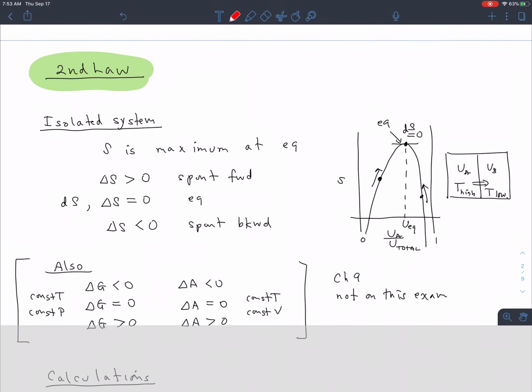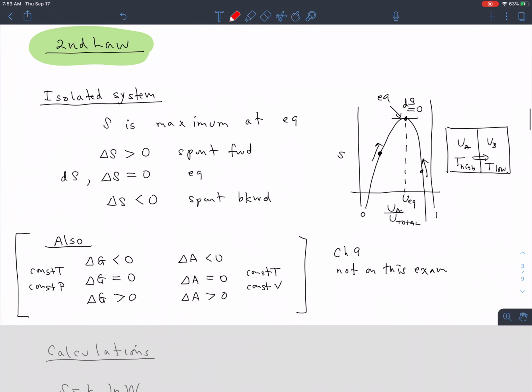Now for the second law. Remember that the second law, as we've currently formulated it, applies to an isolated system. It isn't formally on this exam, but we know that the whole universe can be considered an isolated system, and so for open systems, we just consider the surroundings to be part of a larger isolated system.